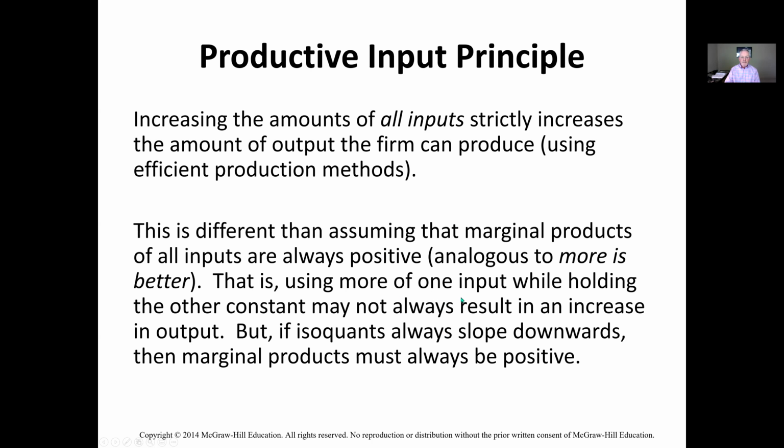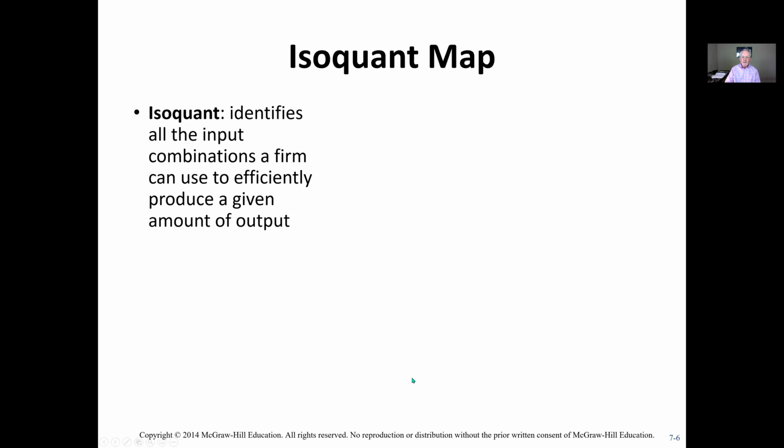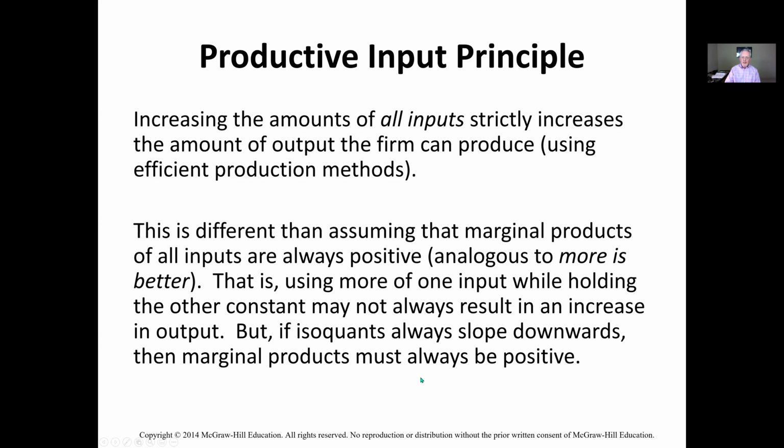But if isoquants always slope downward, then marginal products must always be positive. Now think about why that must be. If both of my inputs have a positive marginal product, then if I increase the amount of one input in my production process, all else equal, that's going to make output go up.